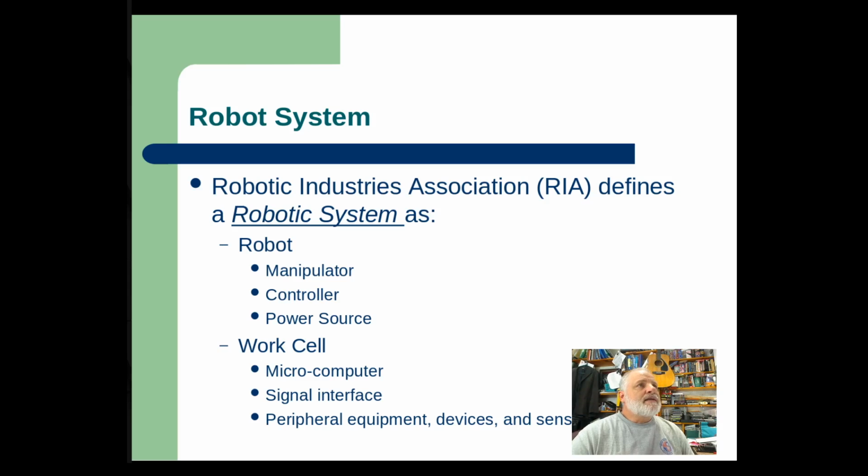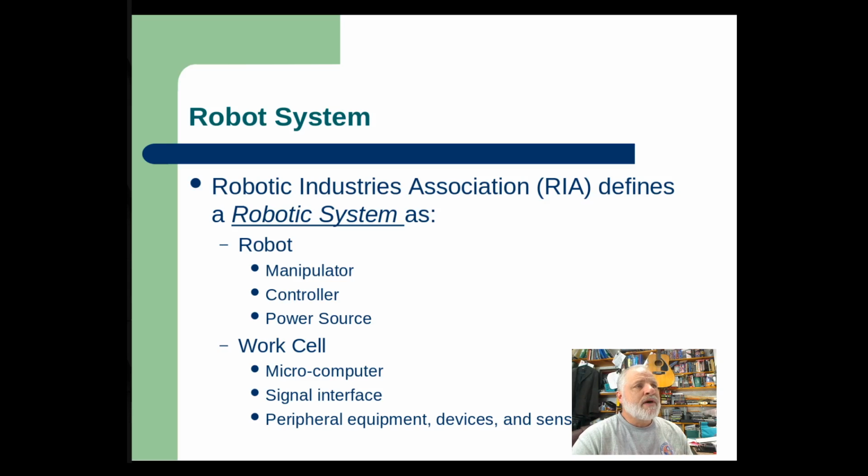So the robot system, as defined by the Robotic Industries Association, or the RIA, which we discussed last week, breaks the robotic system down into two parts. Number one is the robot itself with three major components: the manipulator, the controller, and the power source.